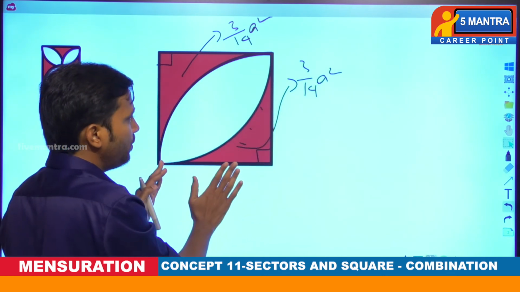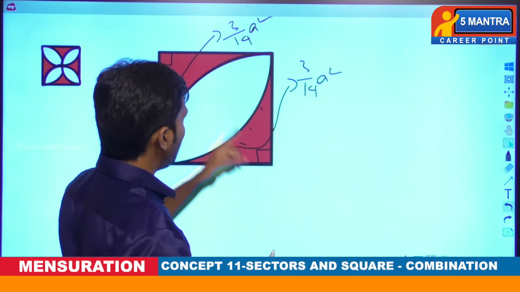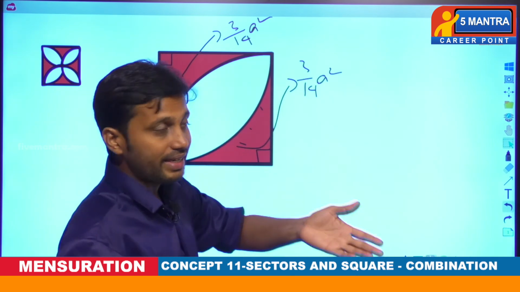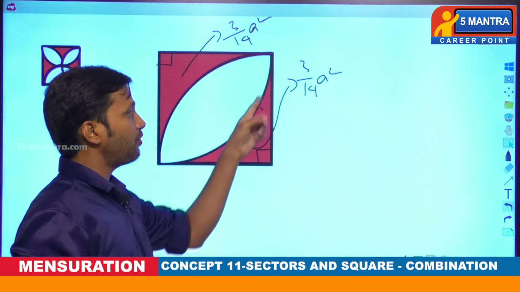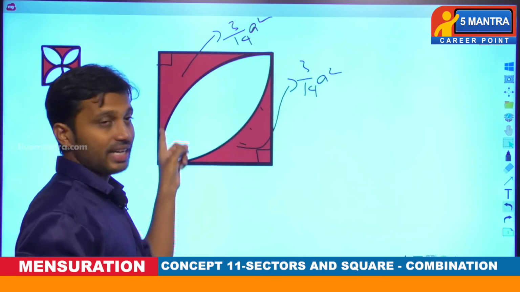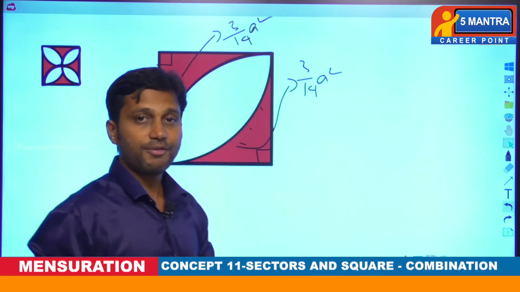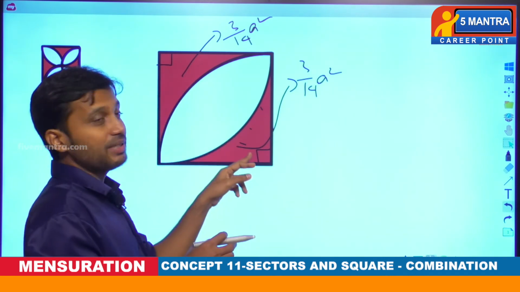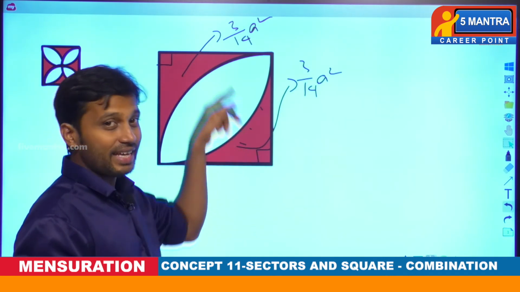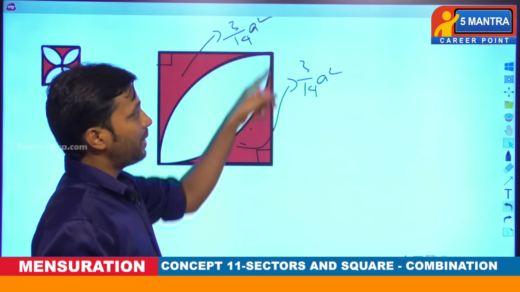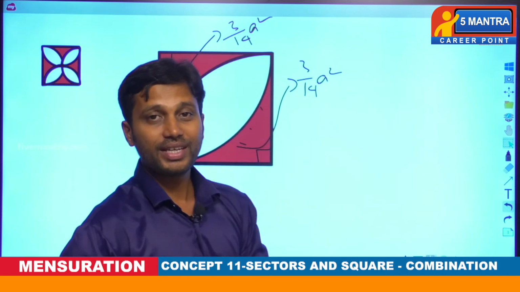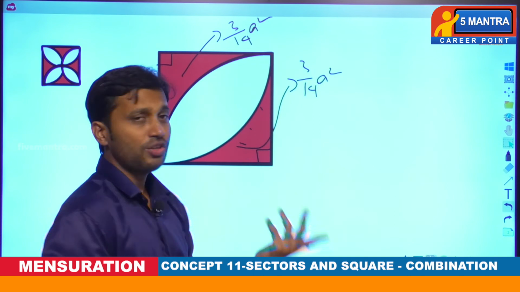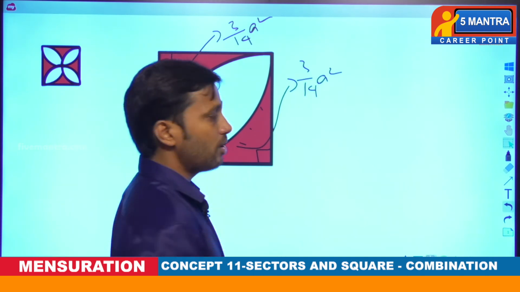Now if you subtract this pink colored portion from total square area, what will be left over there? This white colored portion only now. So what we have to do, we subtract the remaining colored area, means pink colored area, from entire square area, then can we get the area of this white colored portion or not? It's a simple technique.